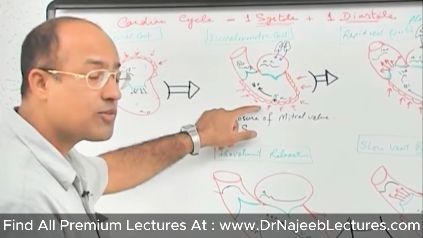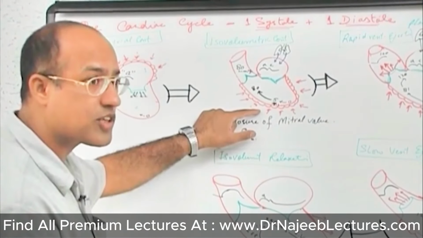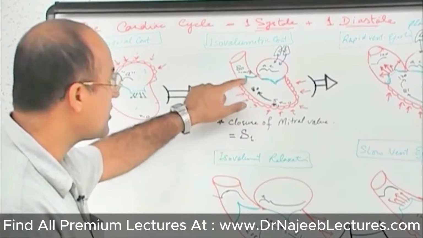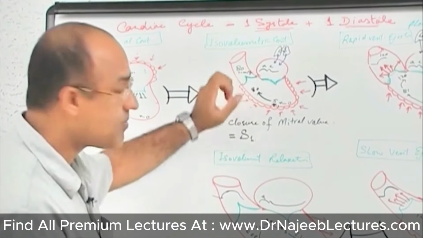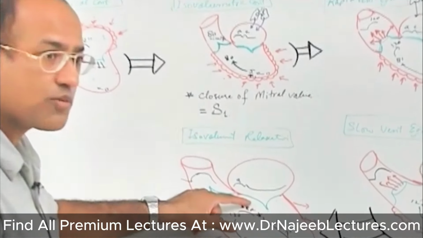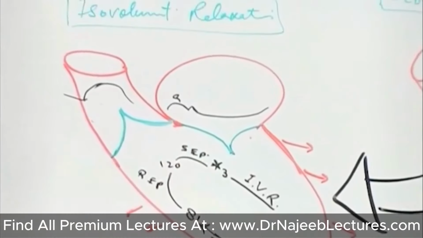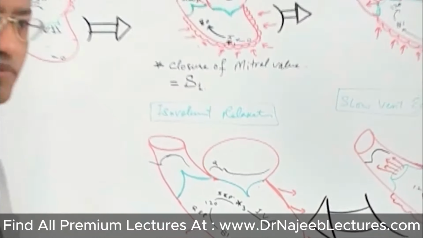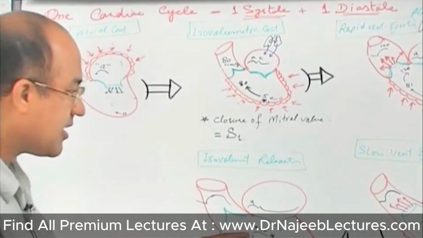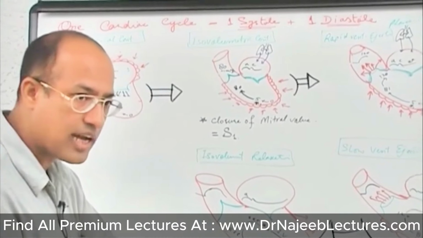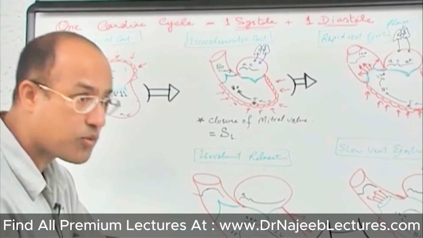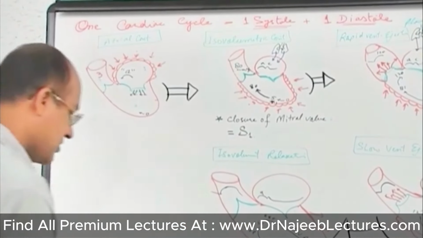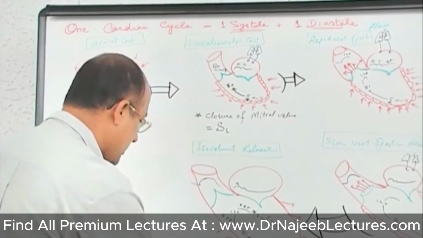During onset of systole, during isovolumetric contraction, pressure is rapidly taken to the aortic pressure, and in case of isovolumetric relaxation, pressures are rapidly dropped so that they eventually become less than atrial pressure. So during diastole, the pressures rapidly fall so that pressure in the ventricle should eventually become less than atrial pressure. Let's see in the next phase what really happens.